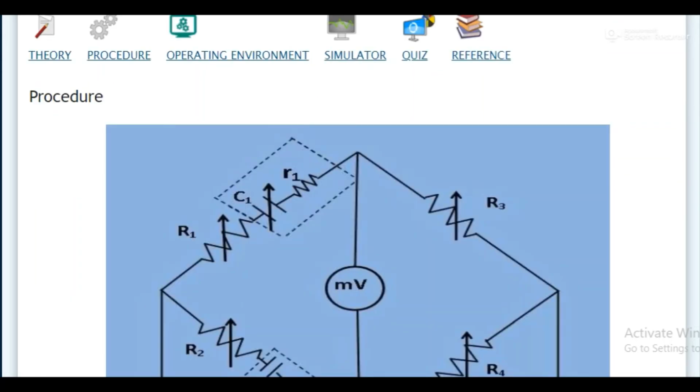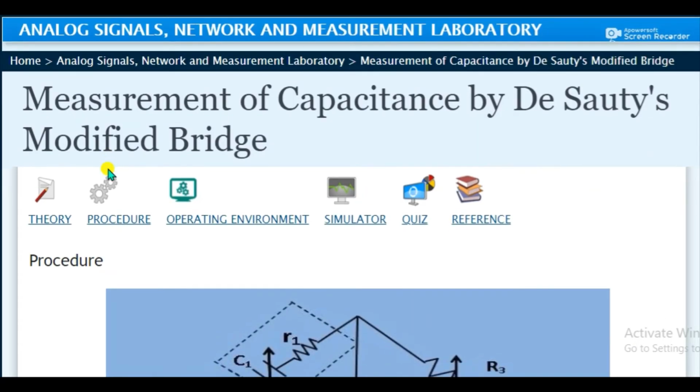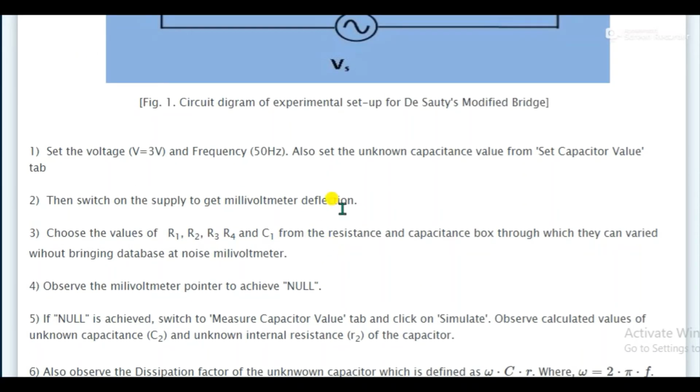Yes. Next, proceeding to the procedure, I'll provide the link of this online lab in the description box also. So we know this circuit. The procedure is to set the voltage V equal to 3 volts and frequency 50 Hz. This is a very important question: this is AC frequency, and this bridge is also an AC bridge.